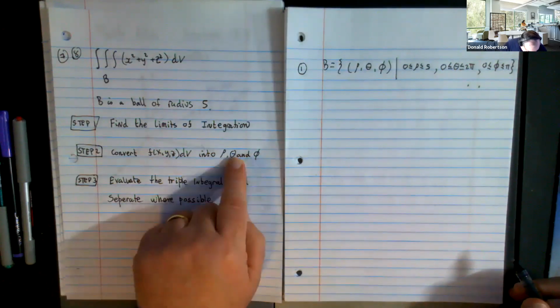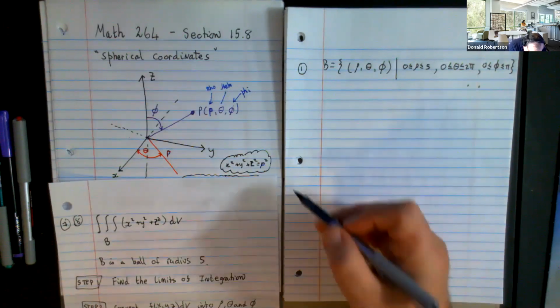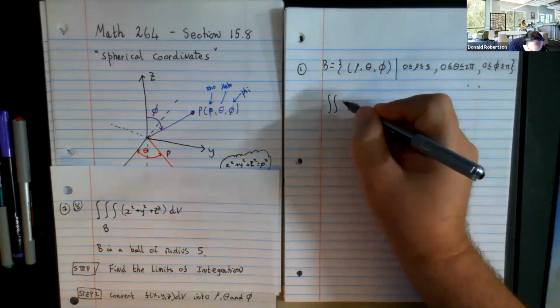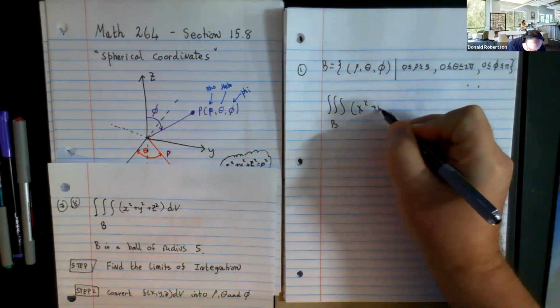Step two: convert everybody into rhos, thetas, and phis. Something like x squared plus y squared plus z squared is pretty easy to do. I'm just writing down the original question for your notes.